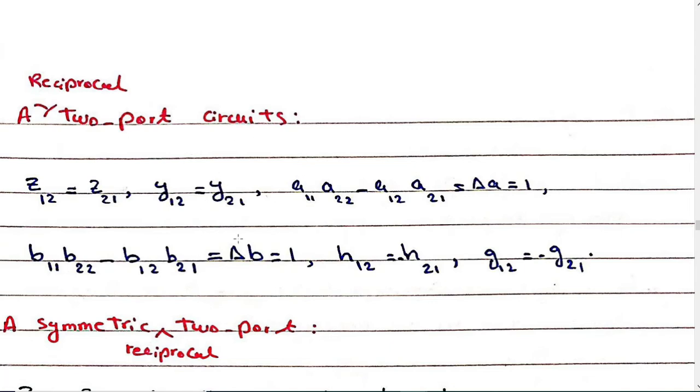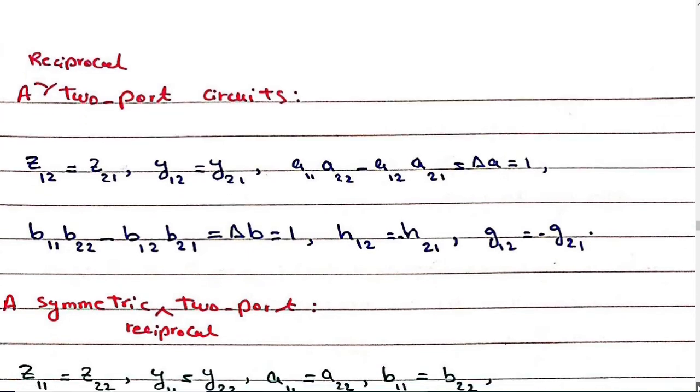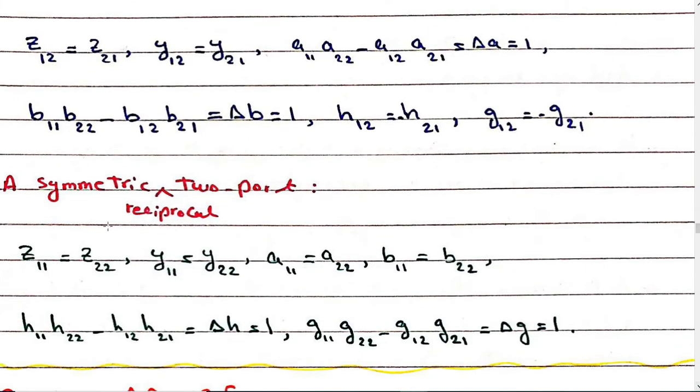Delta B will be 1, H12 will be equal to negative H21, and G12 will be equal to negative G21. If this reciprocal two-port circuit is symmetric, Z11 will be equal to Z22, Y11 will be equal to Y22, and delta G is 1, delta H is 1.